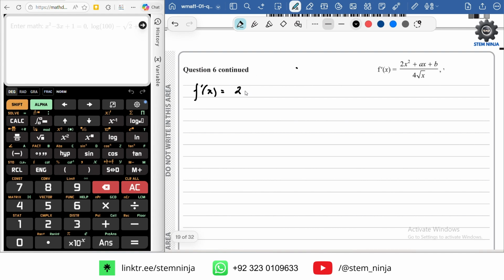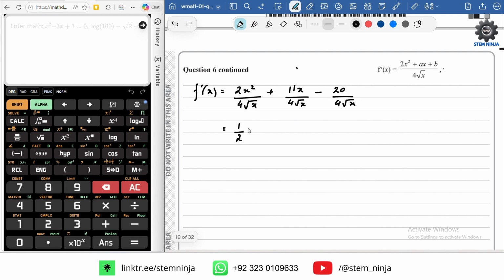So 2x squared over 4 root x plus a, which is 11, over 4 root x plus b, which is minus 20, over 4 root x. So root x is x to the 1 over 2, and since it's divided, it's minus 1 over 2.